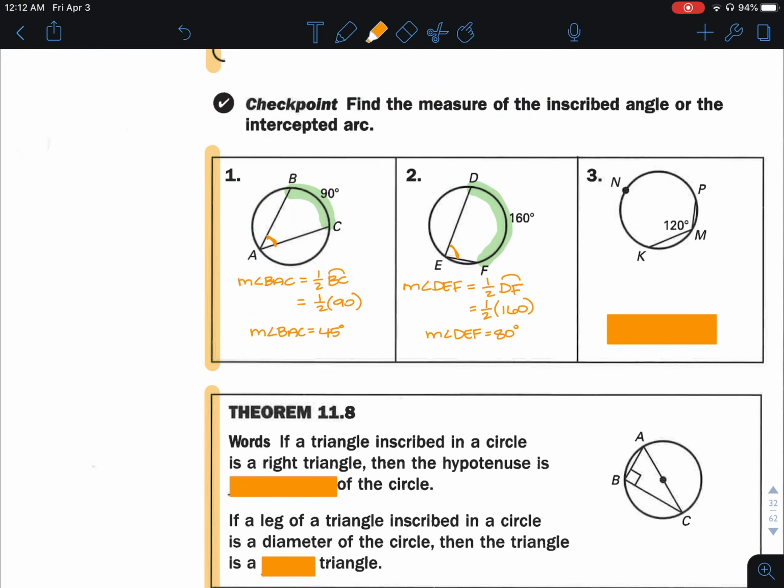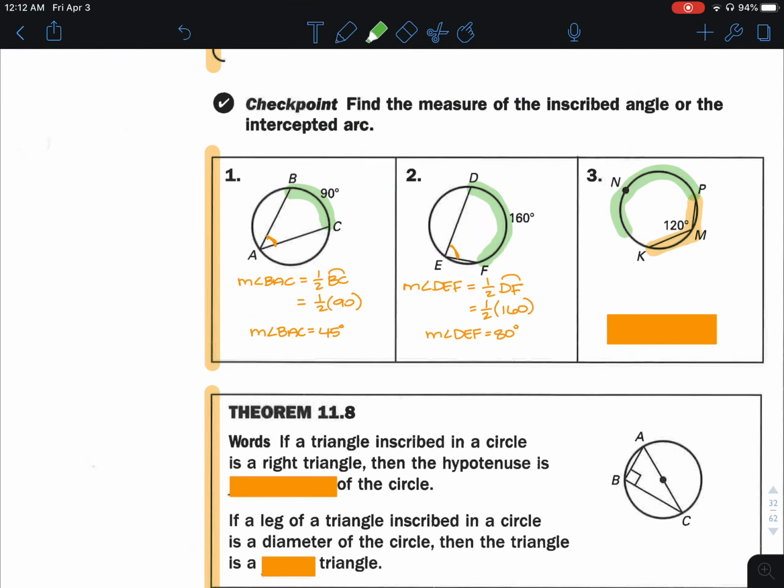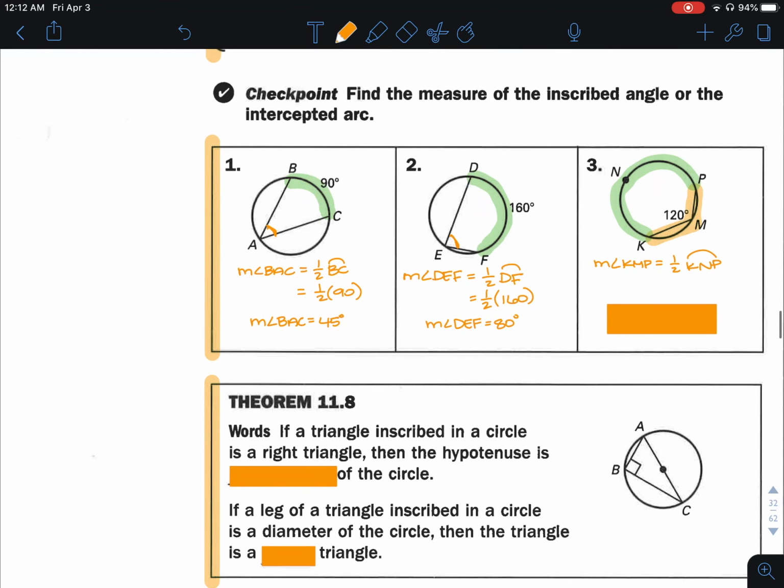Now 3 is a little different. I'm actually given my angle. So in this case, I have to find this green part, my arc. We're given the measure of KMP, which is my angle, equals half of my arc. My arc right now is KNP. Let's plug in what I know.